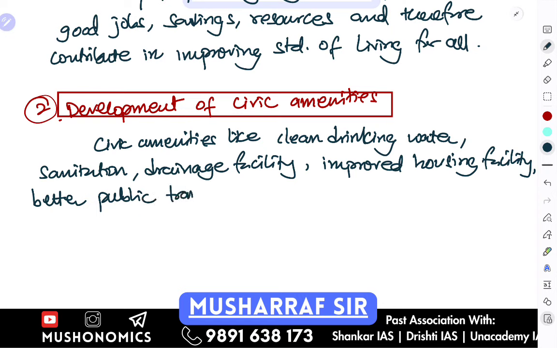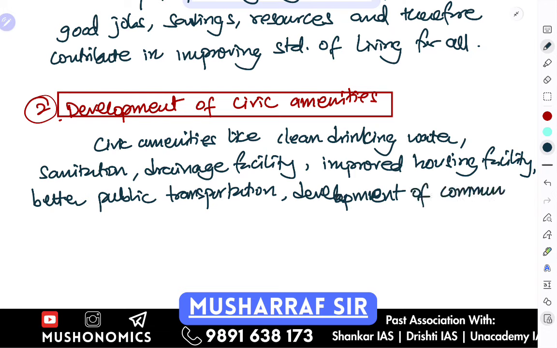Better public transportation, development of community buildings where people can live and they can have a community of themselves. For example, a community marriage hall, right?